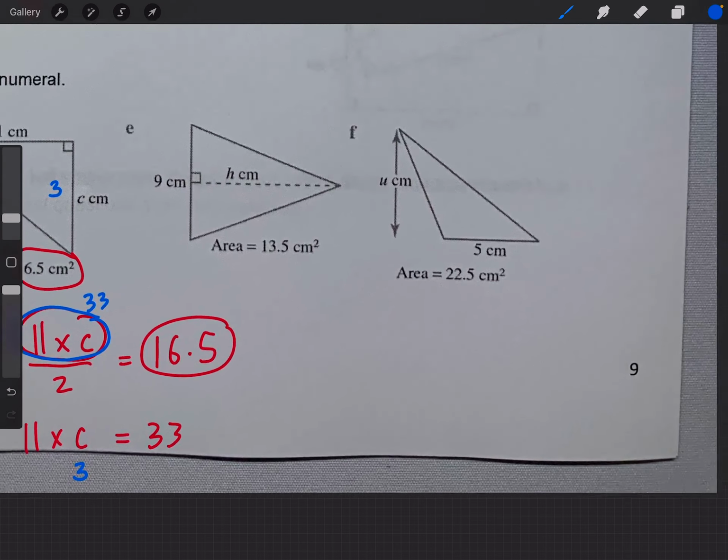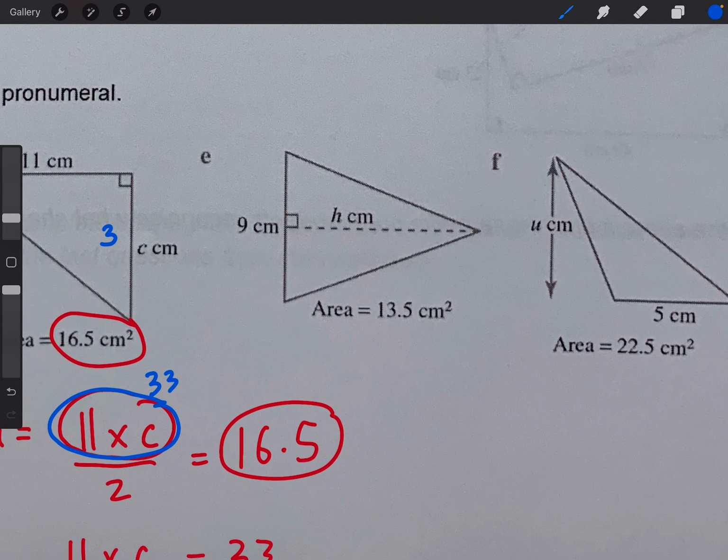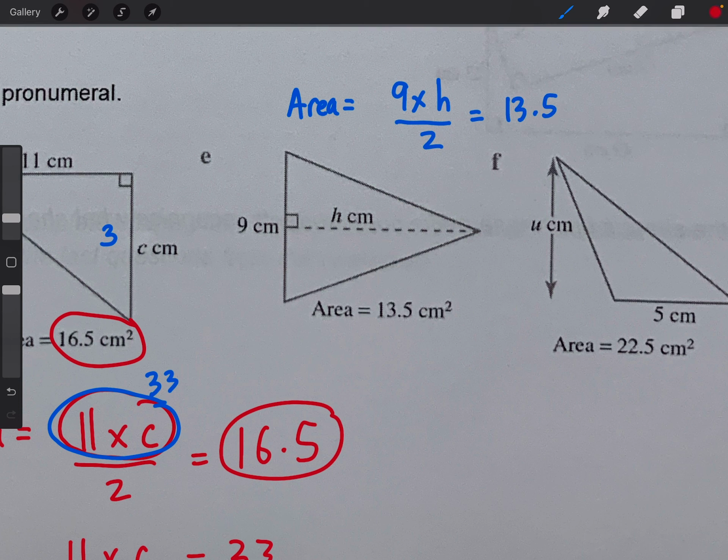You're just working backwards. Next one is 9. To find the area of this triangle, it's going to equal 9 times the height h, and then divided by 2. And that gives us an area of 13.5. So let's work backwards. What divided by 2 gives me 13.5? To find that, we just do 2 times 13.5.